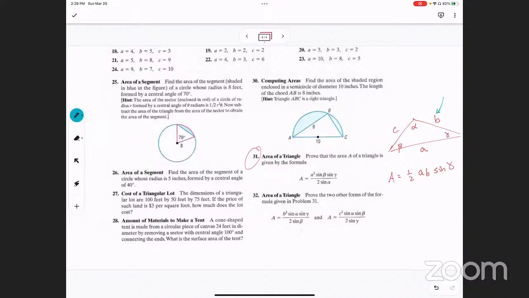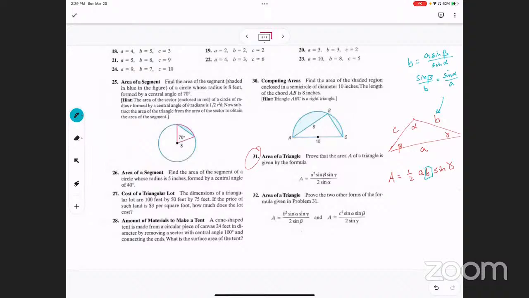We know that the sine of beta over B equals the sine of alpha over A. You're probably just going to have to substitute for B. So B equals A sine beta over sine alpha. So that's what we're going to plug in for B.